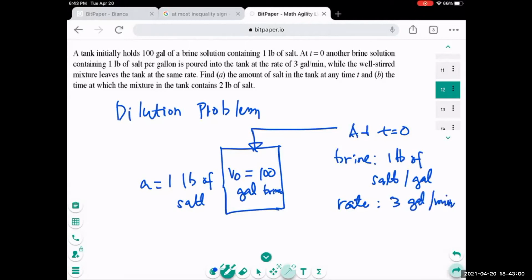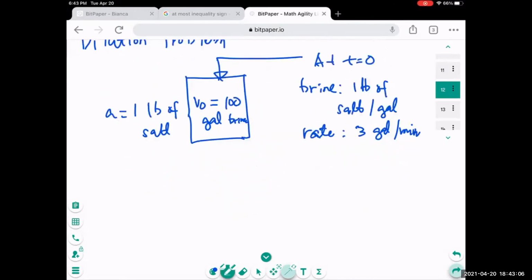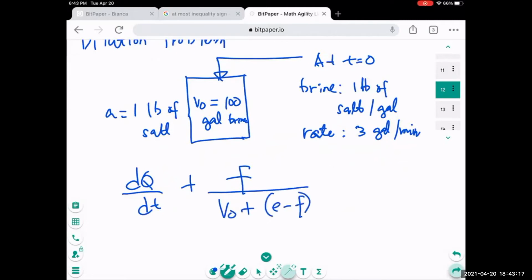Okay, so for a dilution problem, we have set up an equation in the form of dq over dt plus f over v sub o plus e minus f times t, and then times q equals b e. So what are these variables here?